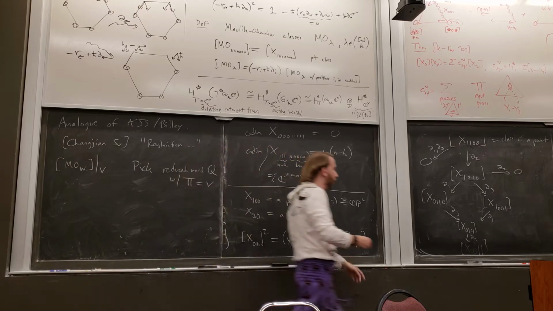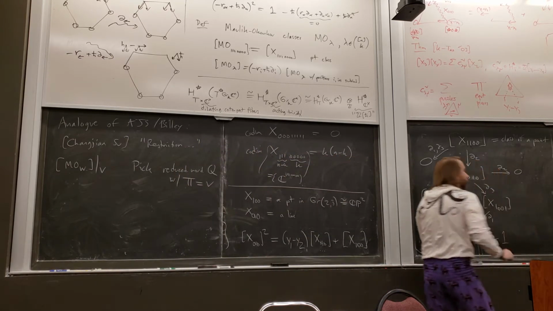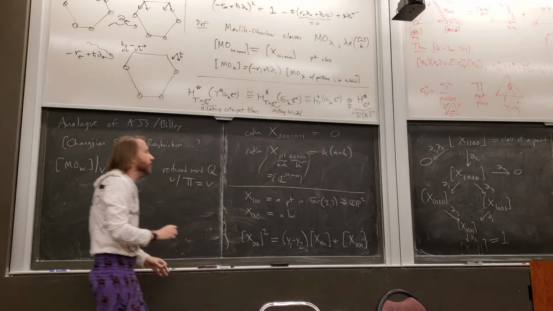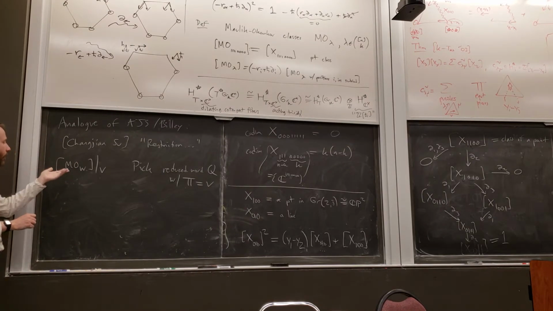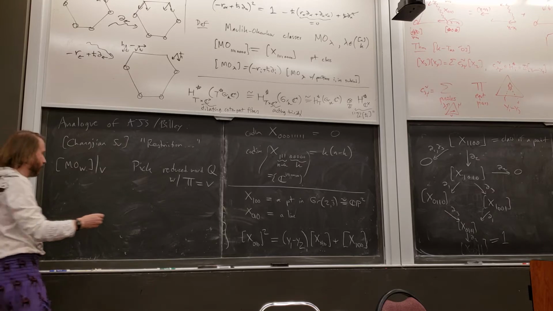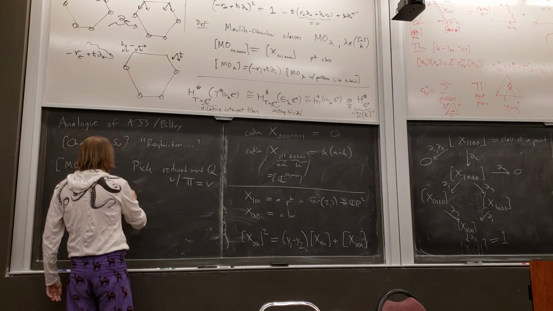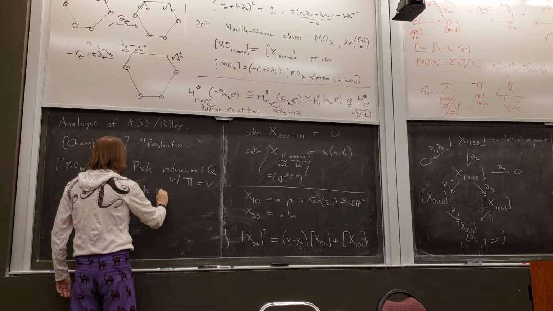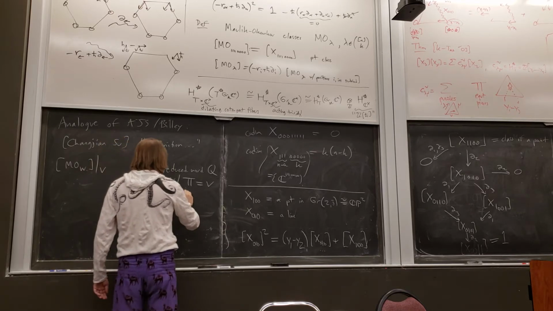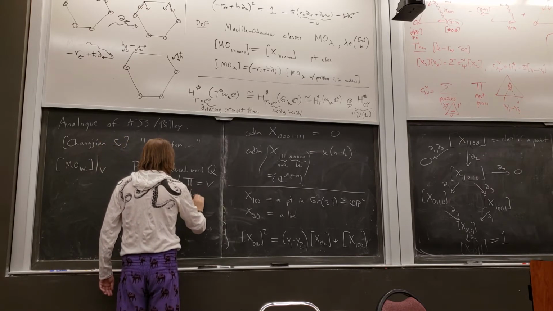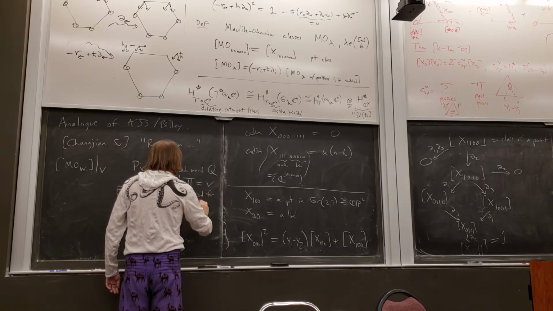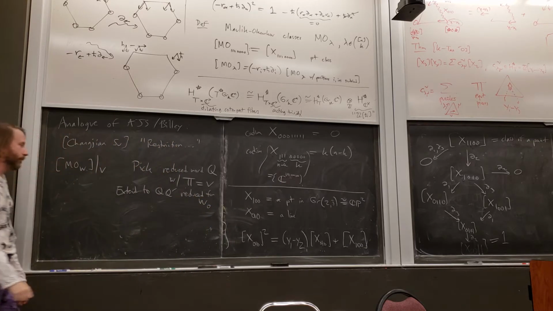So here, down here we were getting the identity, but here we're not. So I'm going to need something that will give me a polynomial of that degree. So extend to Q prime, reduced, for w naught, the longest element in the Weyl group.